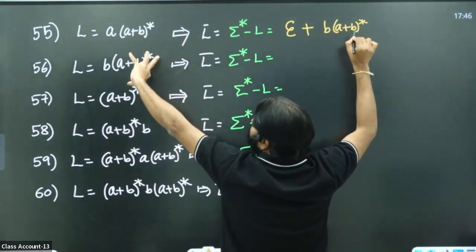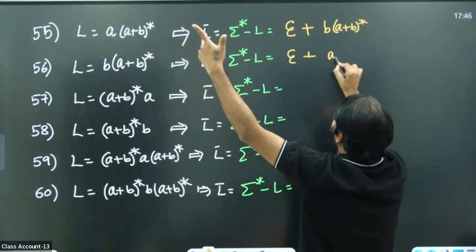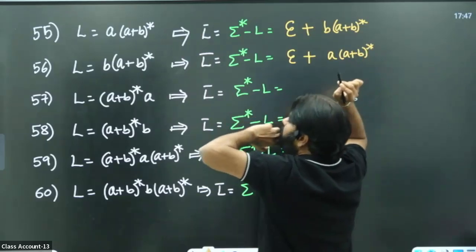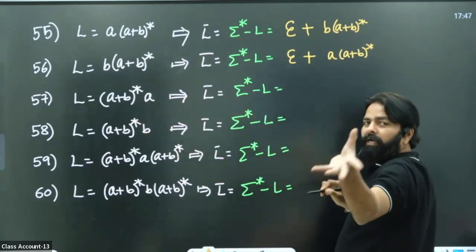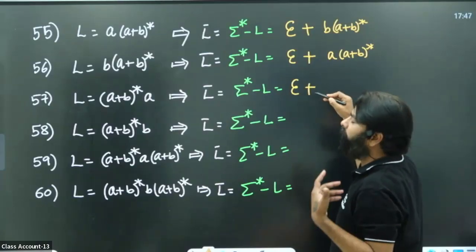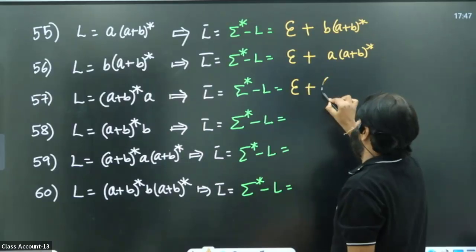Similarly, starting with B complement, you will have epsilon plus starting with A. Ending with A complement is ending with B union epsilon. In English, we don't feel like epsilon is a string, but in TOC, epsilon is a special string for us.